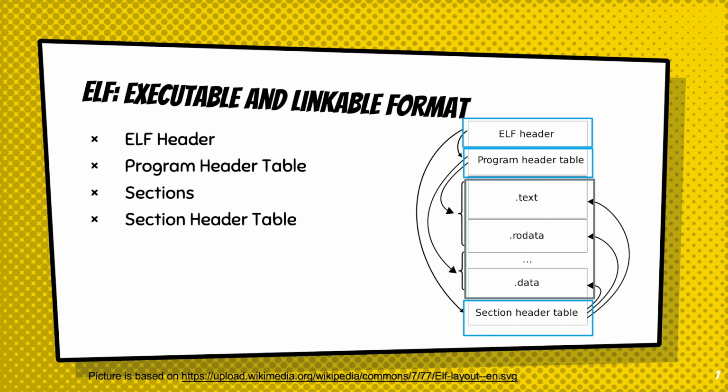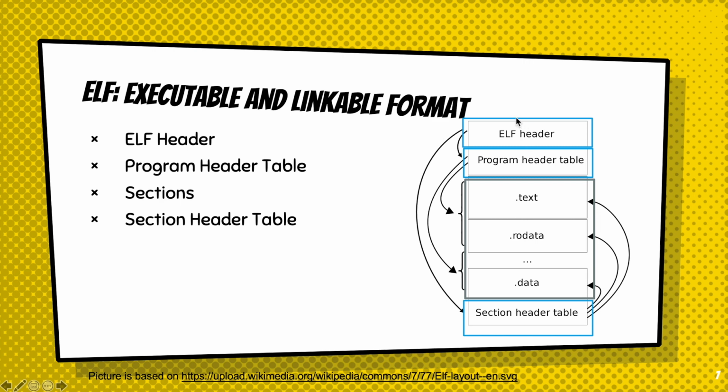Each header points to a specific part of the program, which is what we call a segment. And sections are text or data that are organized in different parts. Usually, some of the sections will be grouped as a segment pointed to by a program header. And lastly, the section header table contains section headers, each of which describes a section.